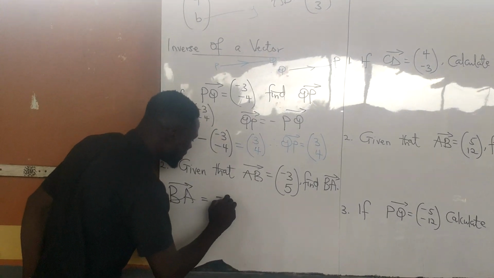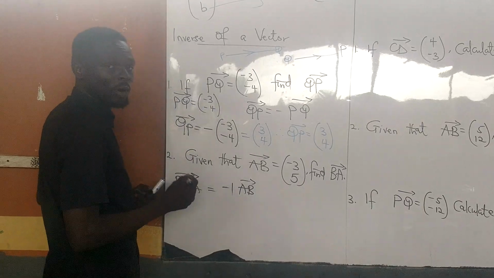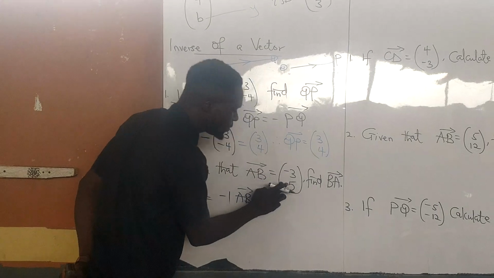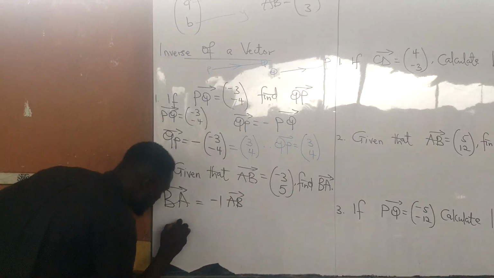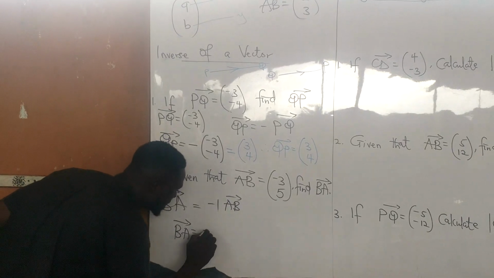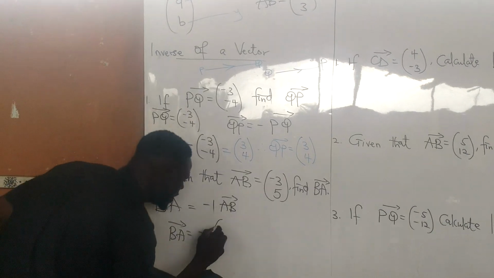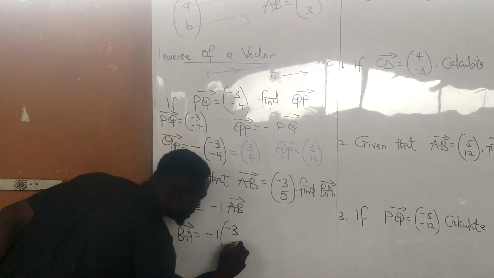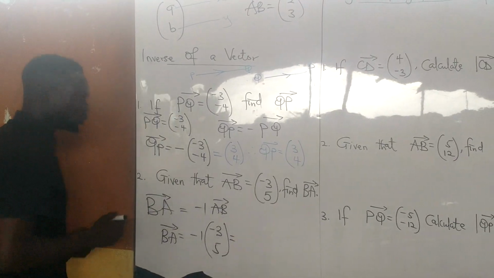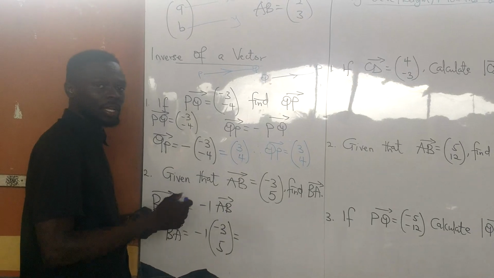So multiply the vector AB by -1. What is the component of vector AB? It is (-3, 5). So I'm going to say the vector BA is equal to -1 multiplying the components of vector AB, which is (-3, 5). So this is equal to -1 times -3.